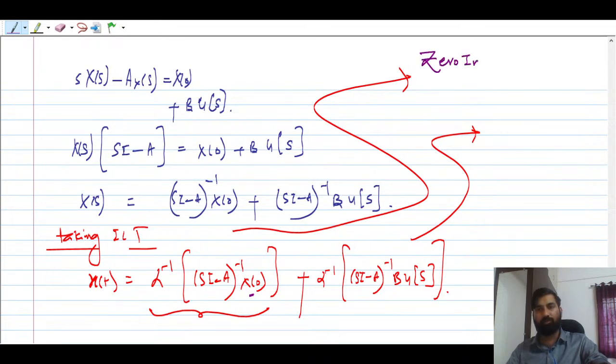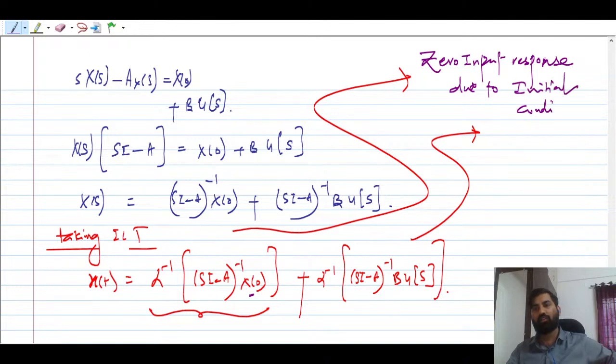Why do we call it zero input response? Because we get this response due to the given ICs, due to the initial condition. So whenever you get the response because of initial condition, we call it ZIR or zero input response.